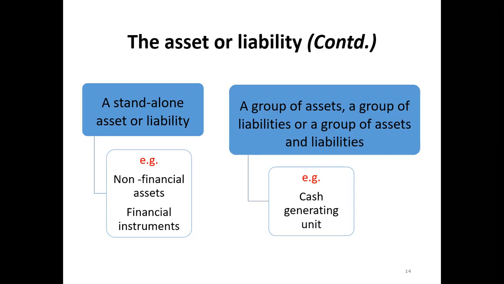We call it the cash generating unit, but from a practical point of view, it's a particular business organization. So when you find it difficult to determine the impairment on an asset by asset basis, then you can go for a group of assets or liabilities. Then you can consider the entire business.